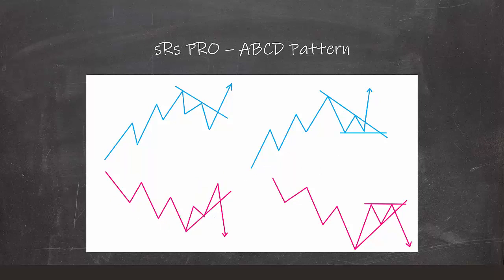And of course, there is also the possibility of a flat correction, ABCD, where B and D are almost equal, could be even slightly below here, no problems. I will explain in a second where it is used. That's how it looks.